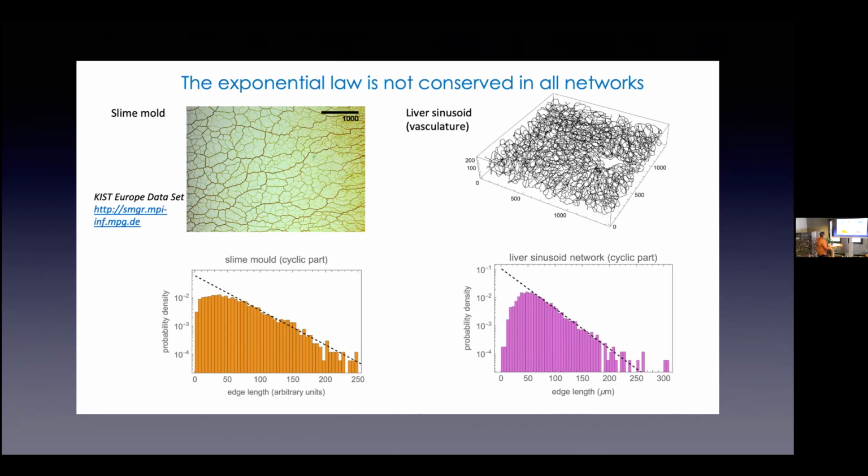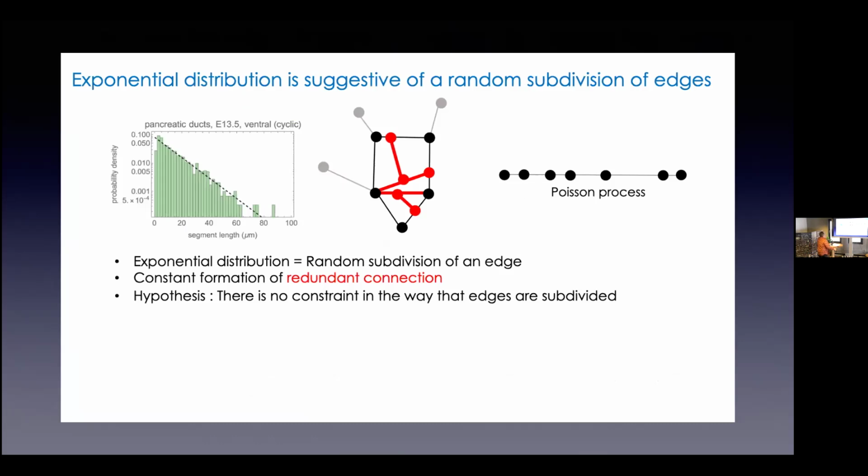Okay. So one thought, and this is a bit suggestive, we're still writing this up at the moment: an exponential distribution is what you would get from pure random subdivision of edges. If you have something like the equivalent of a Poisson process, but not for points, rather for partitions of a network space or growth of a network space, together with an overall inflation, that is one way to generate an exponential distribution.